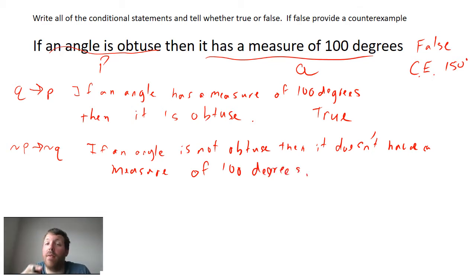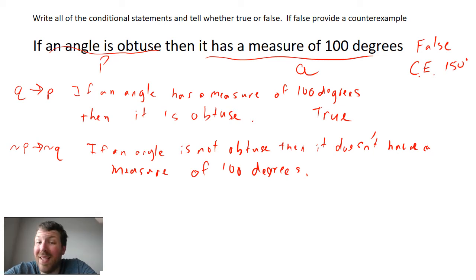Okay, so can I have an angle that's not obtuse? Yeah, I can have an angle that's right. I can have a straight angle. I can have an acute angle. Now, if it's not obtuse, then that means it doesn't have a measure of 100 degrees, right? So think about this. I have an angle measurement. It's not obtuse.